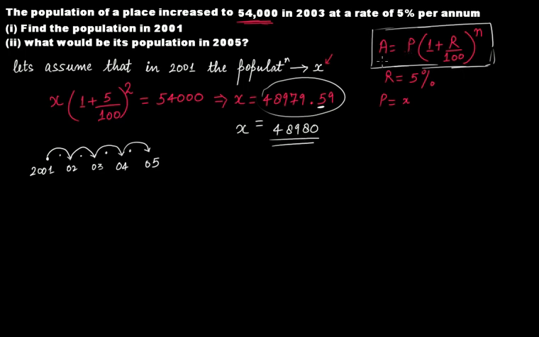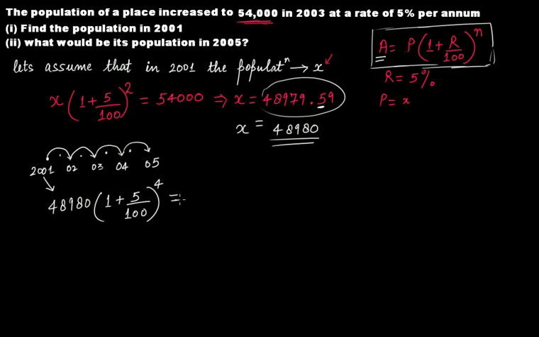So if you put here 48,980 in order to find the amount at the end of 5 years, now we know the value of X. Let's start from 2001. X is the principal amount, that is 48,980. This is 1 plus 5% raised to the power of 4 years, from 2001 to 2005.